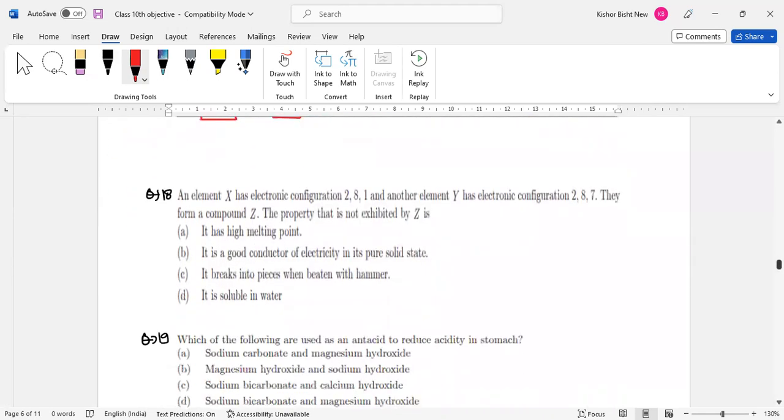Question number 18. An element X has an electronic configuration 2, 8, 1. This means the total atomic number is 11. 11 is sodium, Na, and Na is a metal. If you don't remember sodium, you can see that the last shell contains 1, 2, or 3 electrons. Please remember, generally, not all, some exceptions are there.